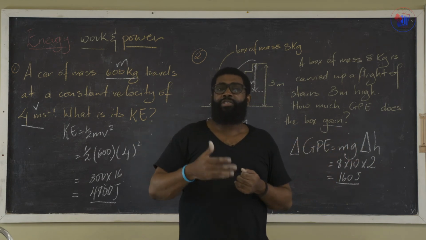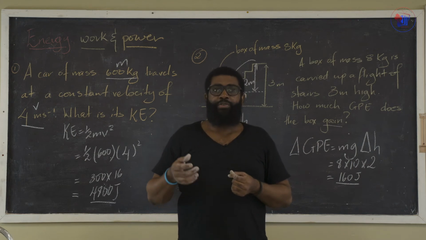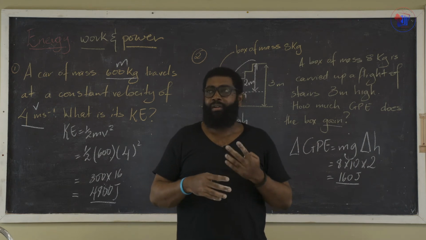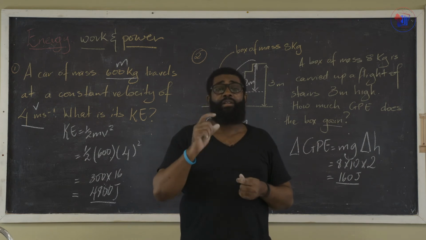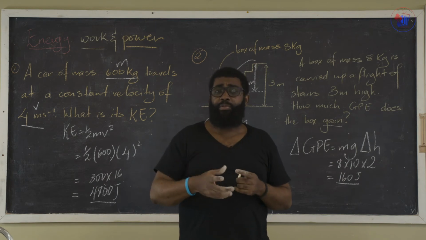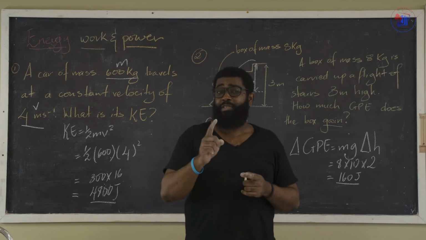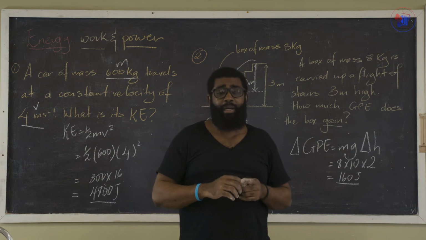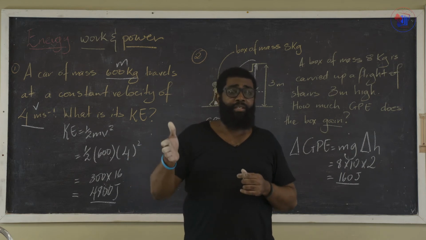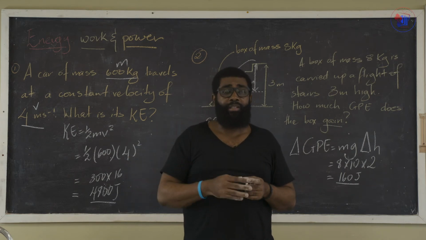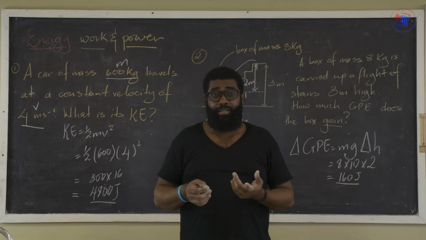Every time there's a conversion, energy is lost, okay? So if you can have a process with as few energy conversions as possible, that would improve the efficiency of the process. Efficiency we will look at later and you'll understand why. But remember, every time energy is converted from one form to the other, energy is lost.